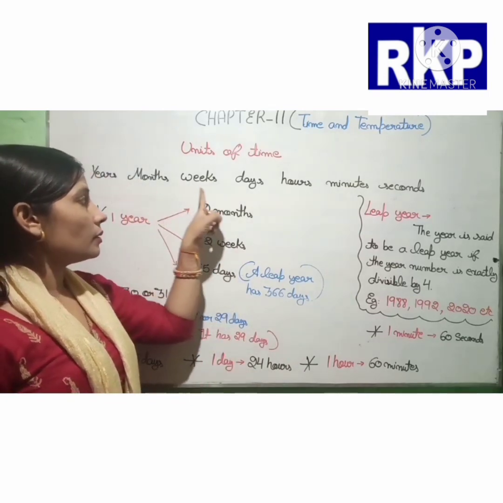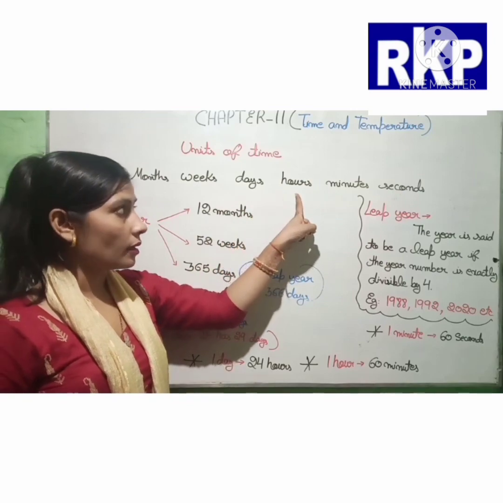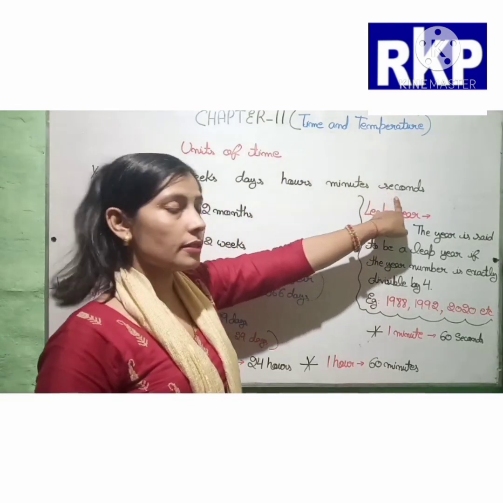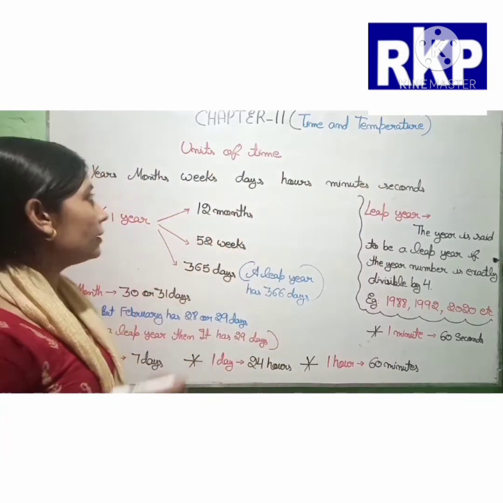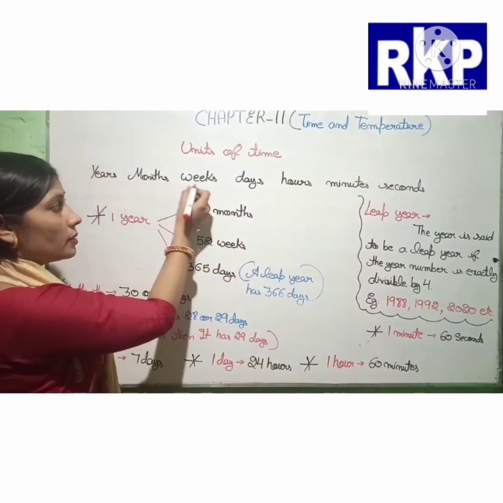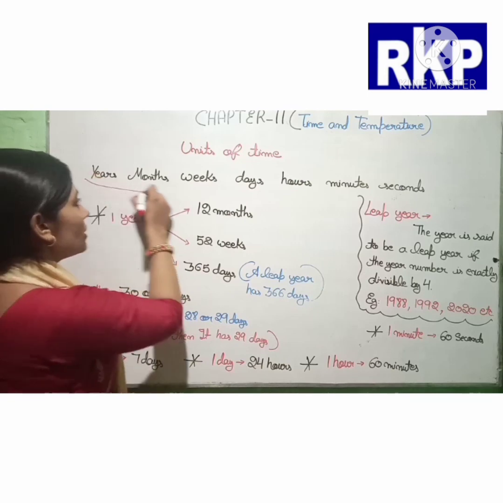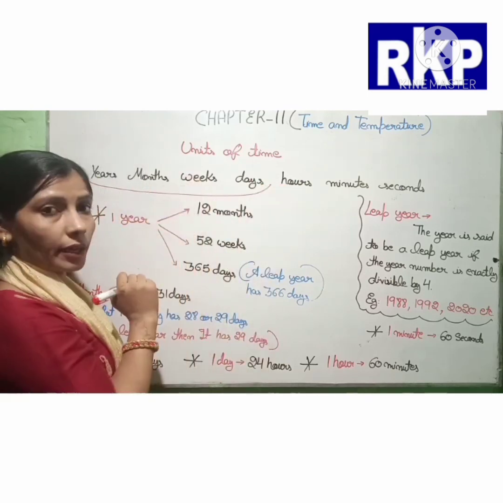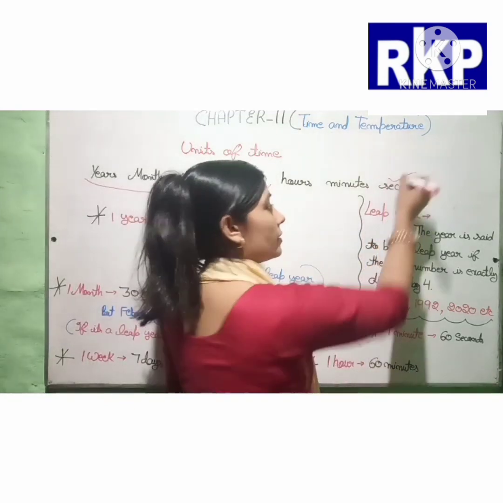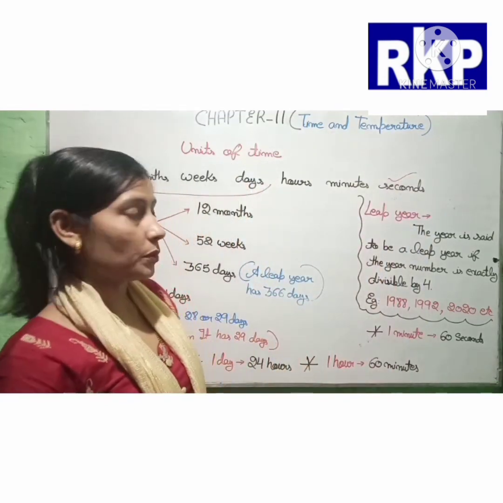Years, months, weeks, days, hours, minutes and seconds. These are the units of time. And years, months, weeks and days, these are larger units of time, and second is basic unit of time.